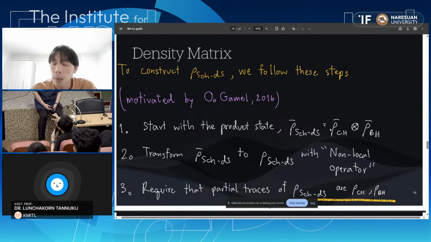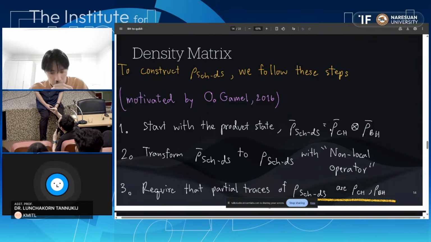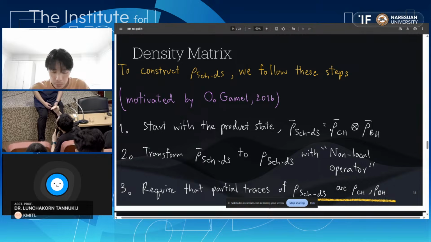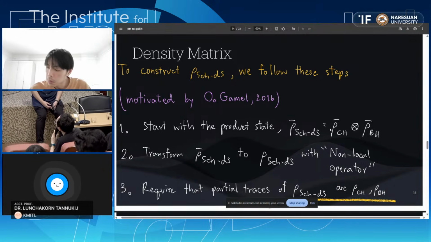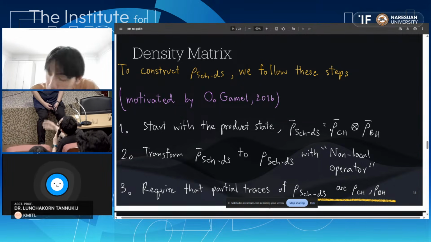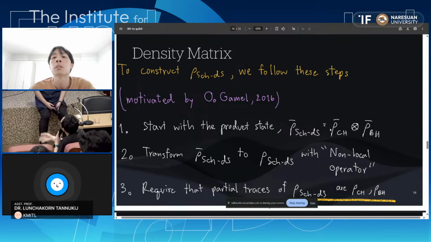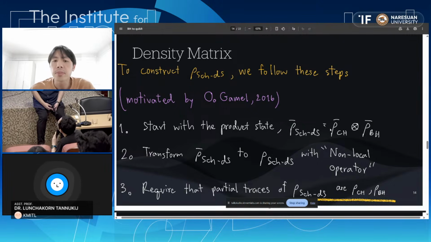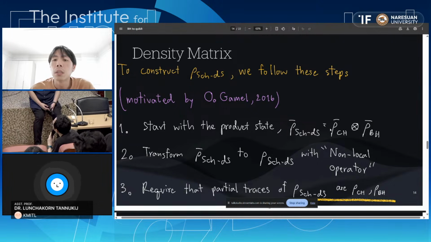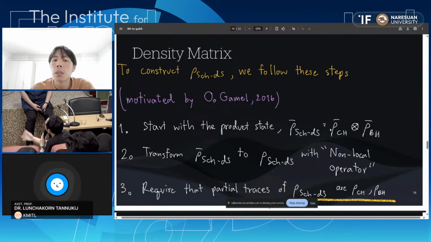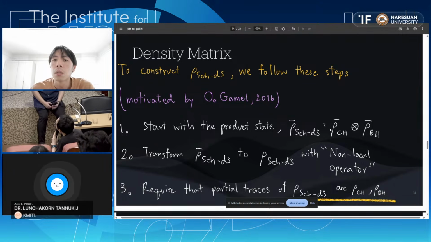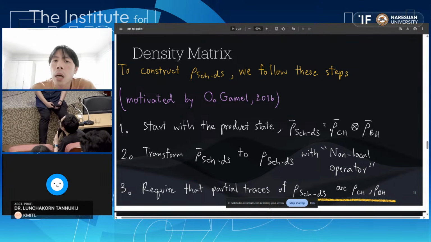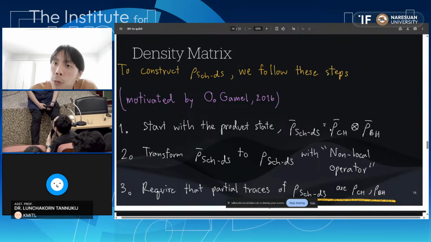But if they have the same size, is it possible that the uncertainty principle or some quantum mechanism can change the Nariai limit? Have you thought about it before? No, not so far.